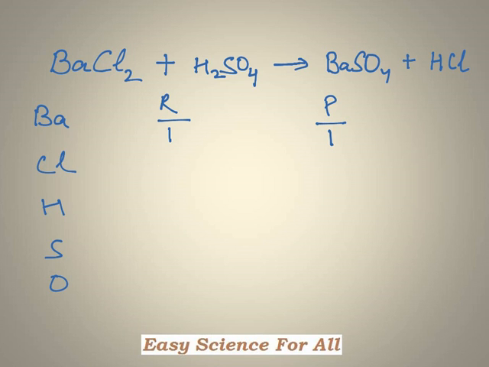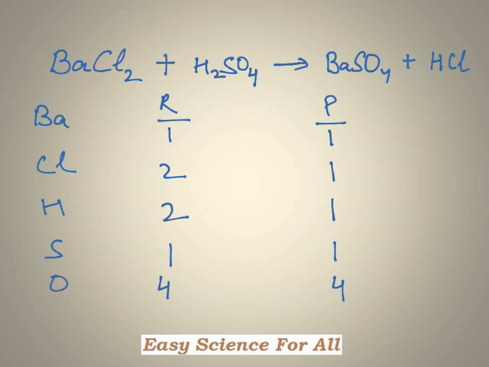Likewise, chlorine has two atoms on the reactant side and one atom on the product side. Hydrogen has two atoms on the reactant side and one atom on the product side. Sulfur has one atom on the reactant side and one atom on the product side, whereas oxygen has four atoms on the reactant side and four atoms on the product side.